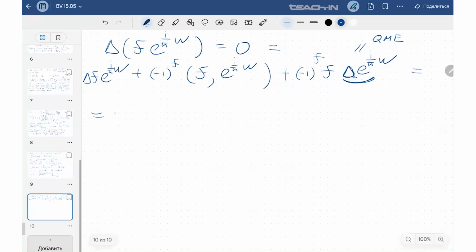So what we get is delta F plus h bar, the anti-bracket of F with W, and all this is multiplied by the exponential. I don't like the sign factor.